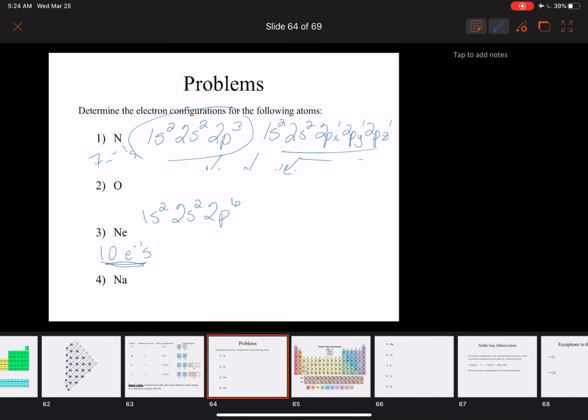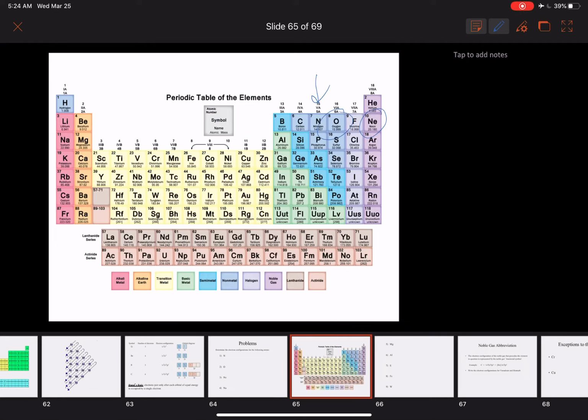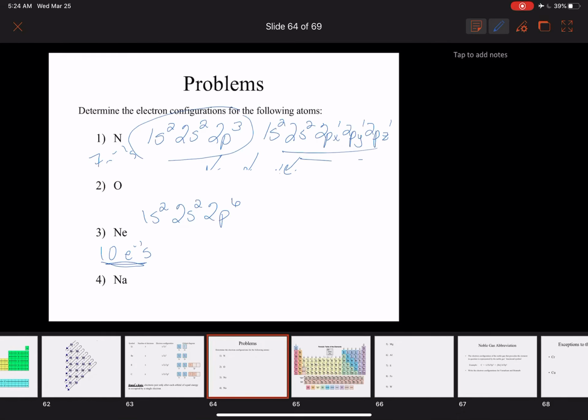On to sodium. Sodium is down here. That is atomic number 11. So we have 11 protons and 11 electrons. So sodium, 11 electrons. So we have 1s2, 2s2, 2p6, and now we have an 11th electron that we need to put somewhere, and the question is, what on earth comes next?